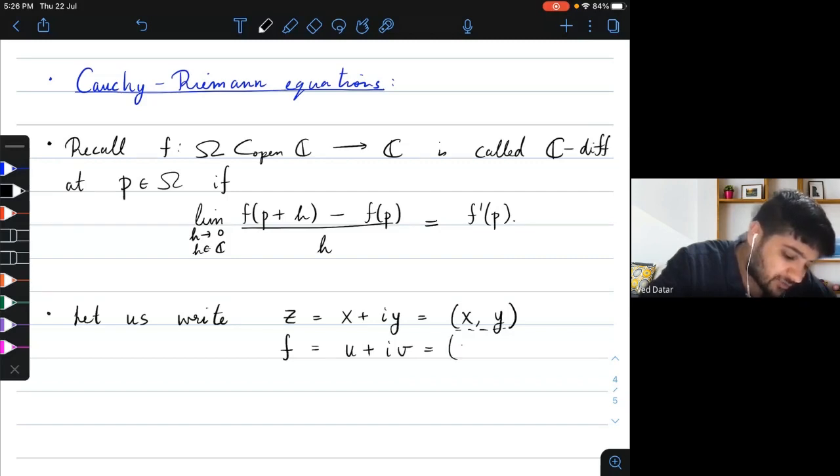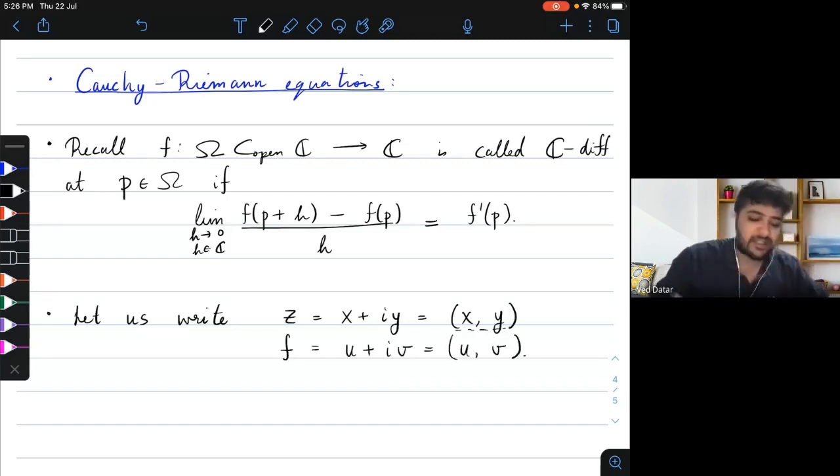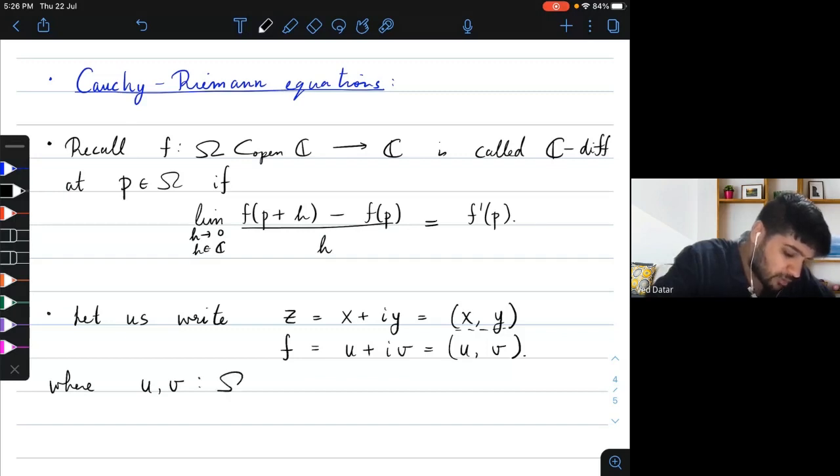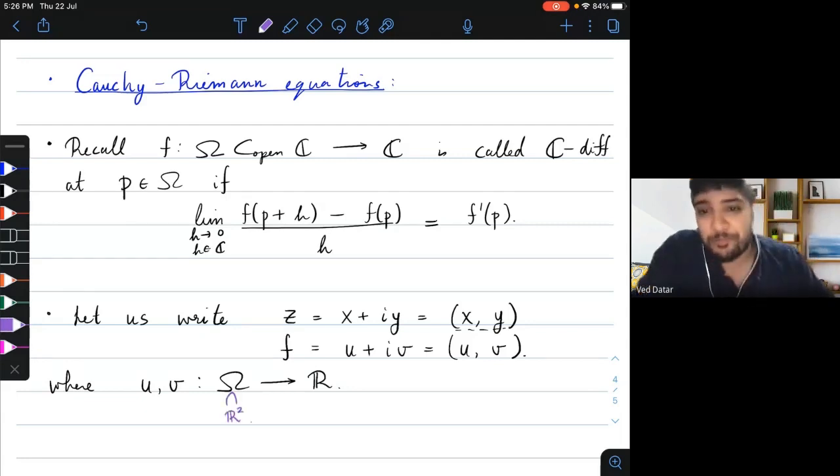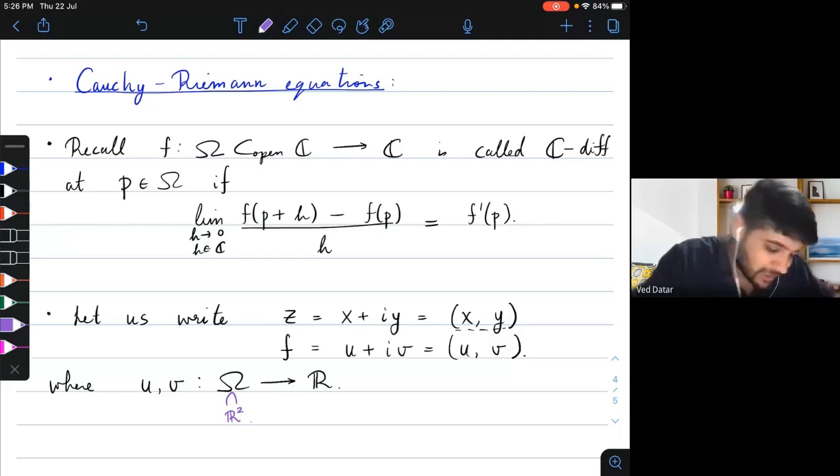Again, in terms of the Argand plane, this will basically just be the pair u comma v, where u and v are now real valued functions on this set omega, and you're thinking of omega as a part of R2.